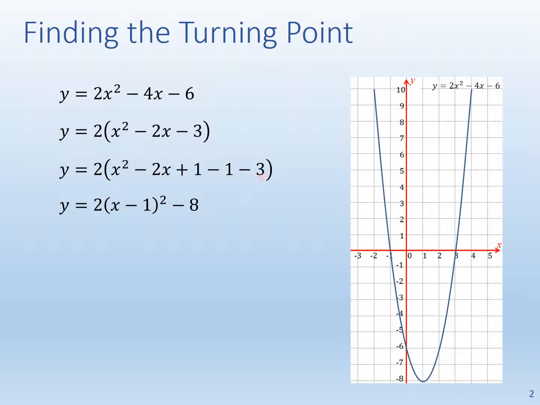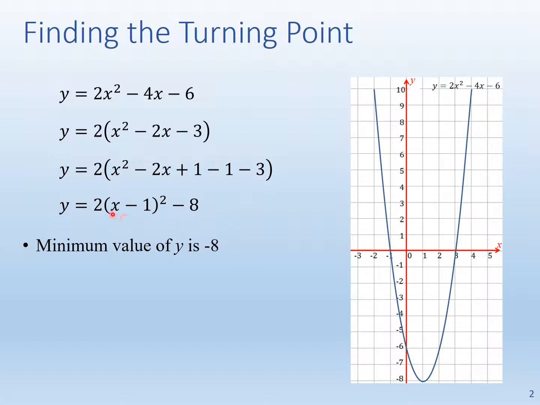Now -1 and -3 will make -4, that we multiply by 2 to get -8. So the minimum value of y is -8 in that case, because to the -8 we're adding a squared term, and the smallest that a squared term can be is 0. Apart from that it'll be positive.